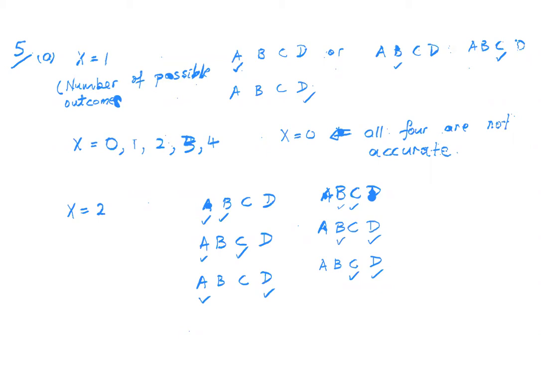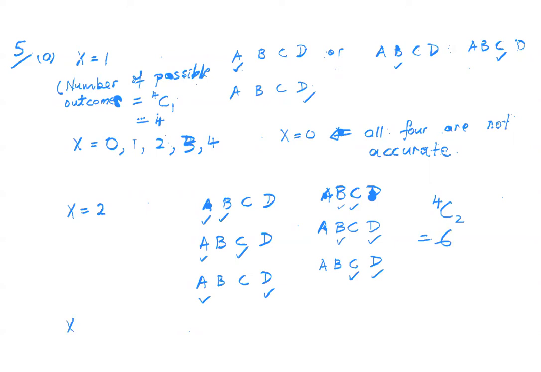So this one, how do I do it? Look, this is the number of possible outcomes for 4C1. So I get 4. This one for 4C2, I got 6.